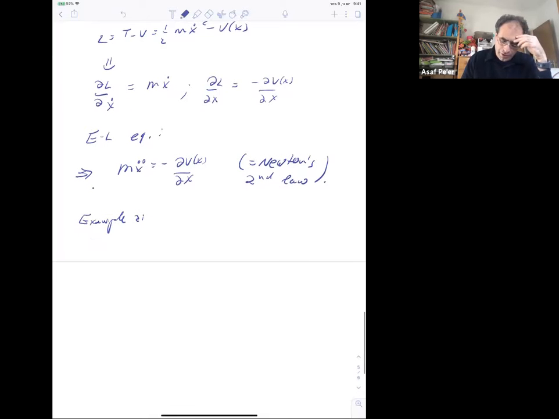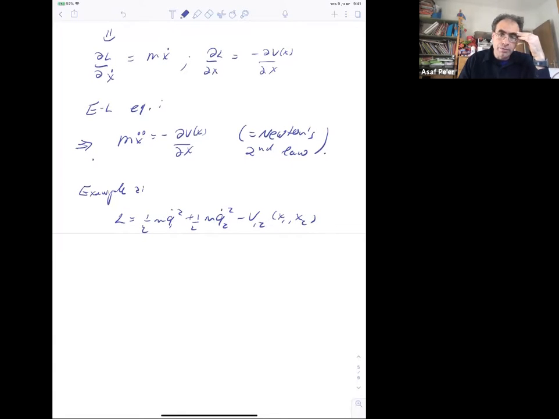If we have a Lagrangian of the form, now we have two bodies, so 1/2 m q1 dot squared plus 1/2 m q2 dot squared minus V12 of x1 and x2. This Lagrangian would give us via the Euler-Lagrange equation a two-body system which interact with each other via a potential that depends on the location.